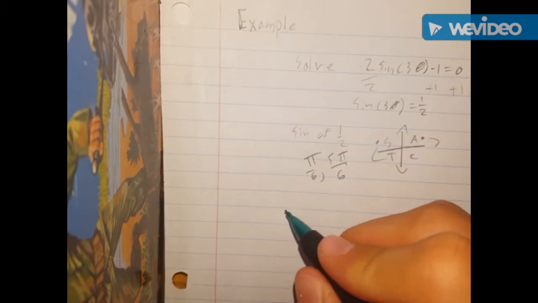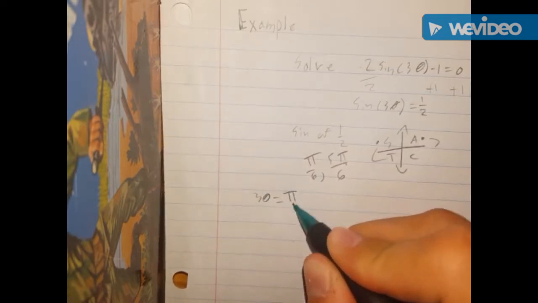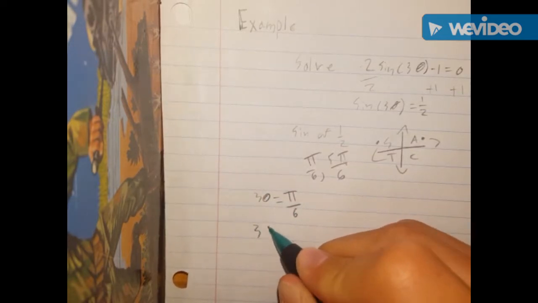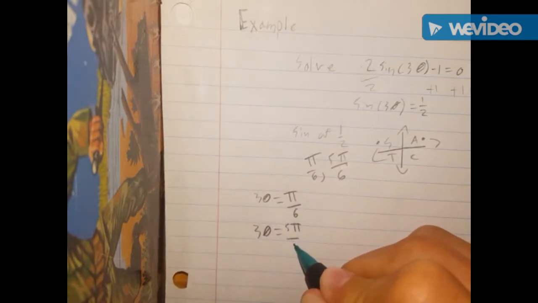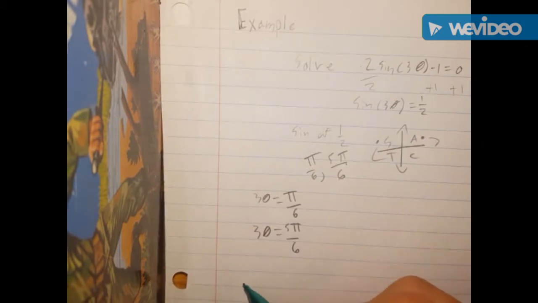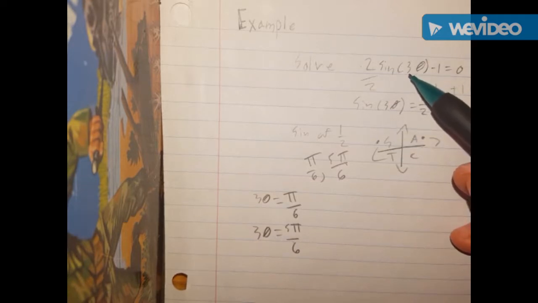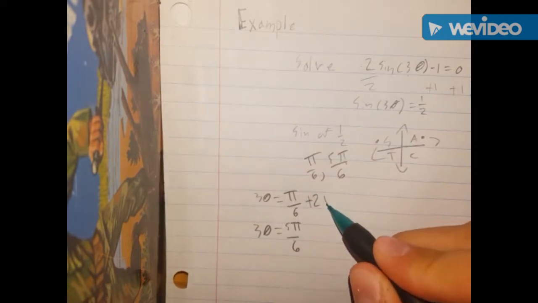And then we'll rewrite it as 3 theta equals pi over 6 and 3 theta equals 5 pi over 6. And then we need to add 2 pi for the same amount of times as the coefficient of theta. So we'll add it 3 times.